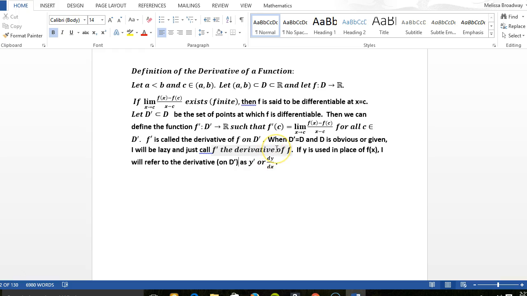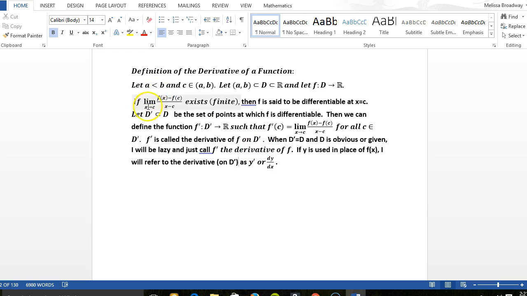Now, there's a word of warning a little bit. dy by dx here, that's not exactly a fraction. There's a limit involved, okay? It acts like a fraction in a lot of ways, but at the end of the day, there's more to it than just a fraction. It's a limit of a fraction.